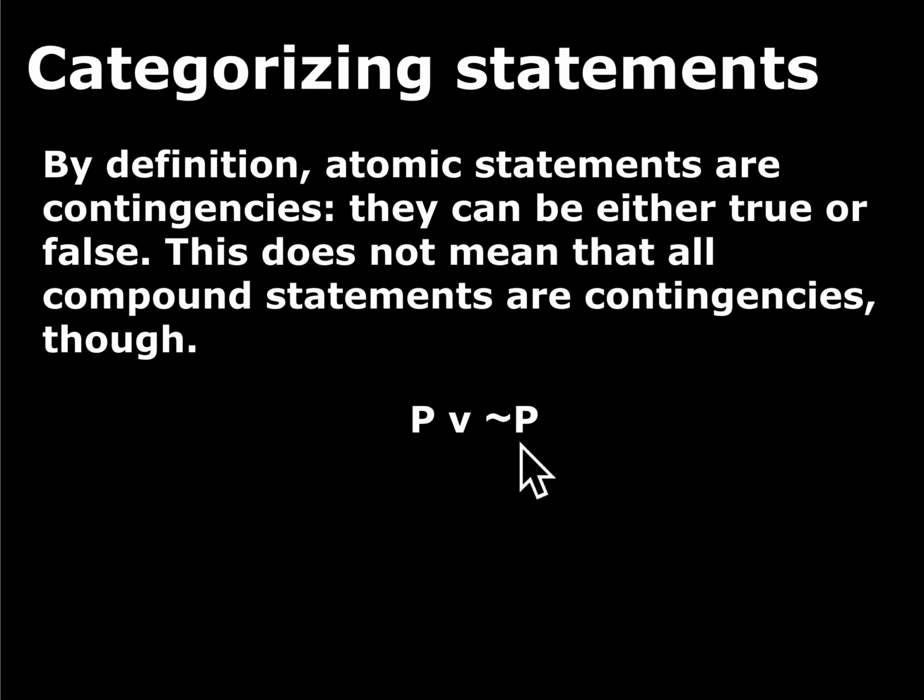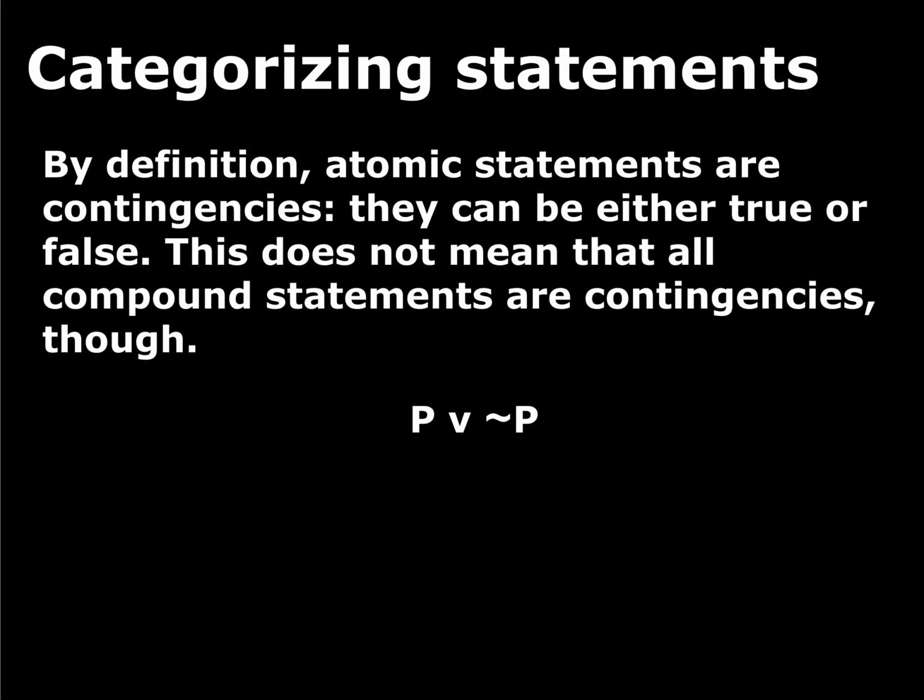And if you look at this, you can sort of tell that one of these disjuncts has to be true. Because if P is false, then not P will be true. And if this one is false, this one will be true. So no matter what, one of those disjuncts will be true, and if one of them's true, the whole disjunction will be true. So this statement can't be false.